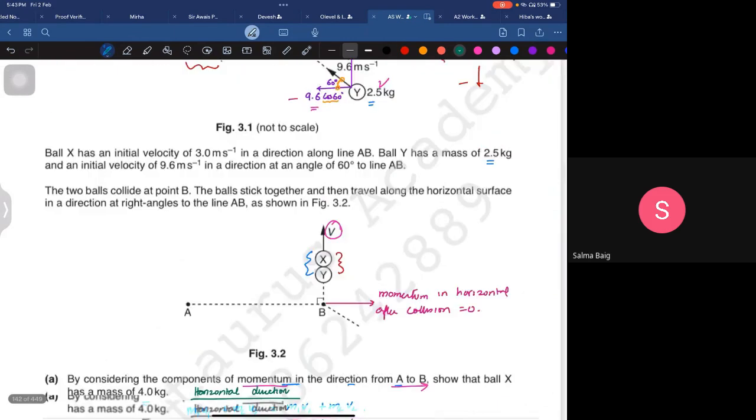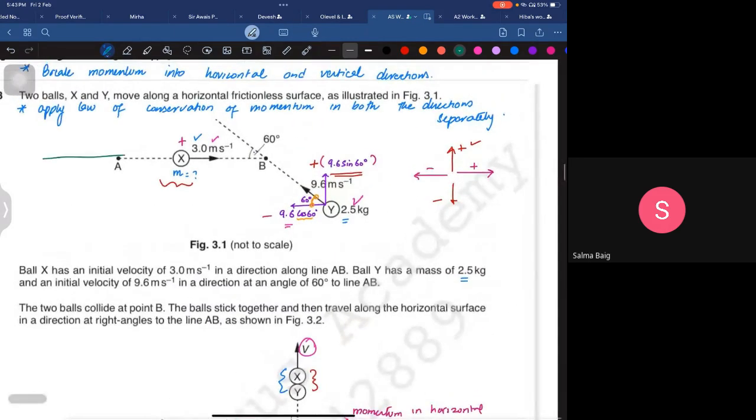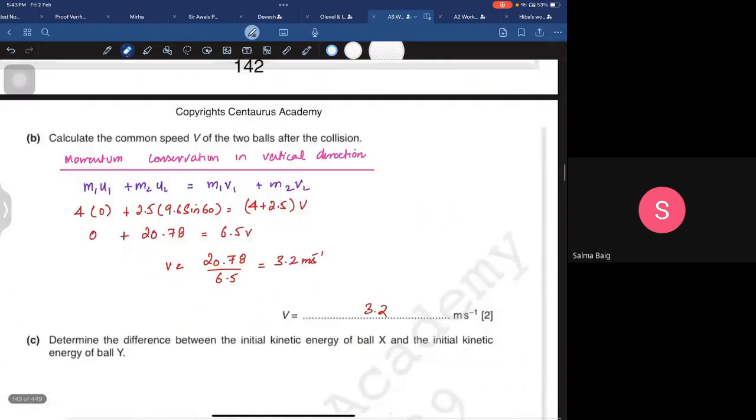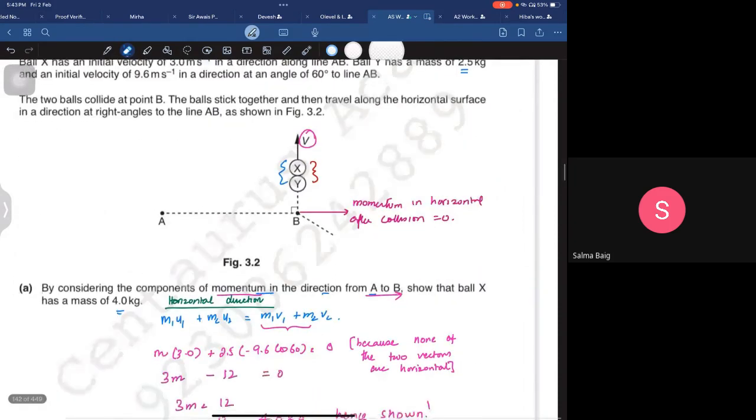So the equation that we used here only caters to this direction, and the equation that we have used here only caters to this direction. This is why, if you see, afterwards both are vertical.